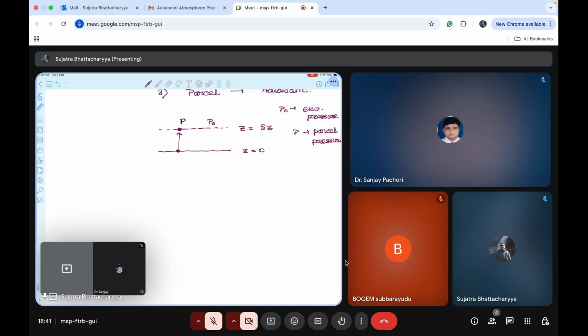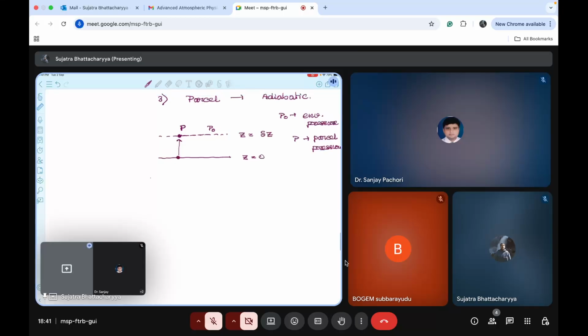Let's try now. For the parcel, let us write the vertical momentum equation. What is that? dw dt, which can be written as d dt of the displacement delta z, since the time rate of change of displacement is the velocity, and its rate of change is the acceleration.